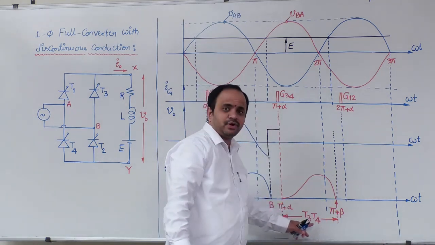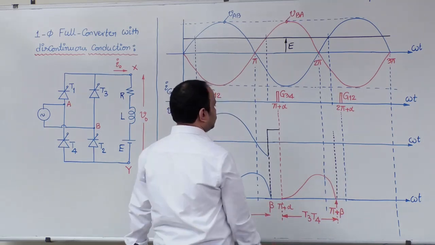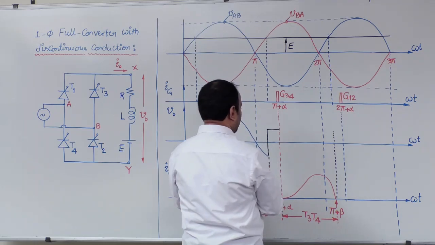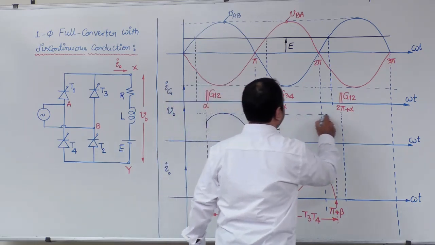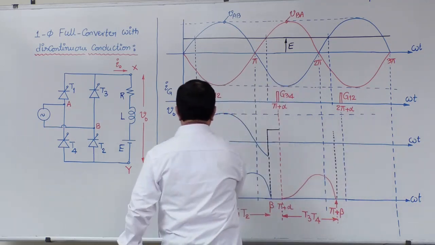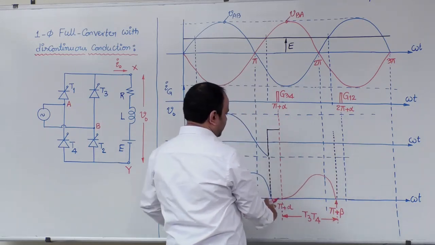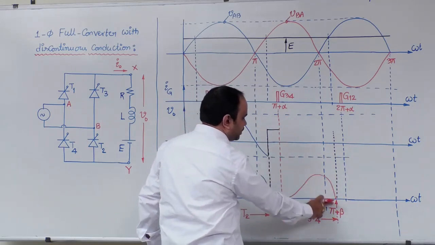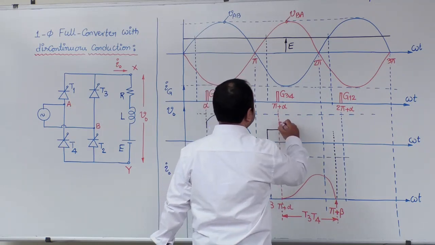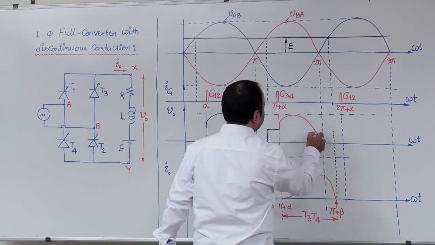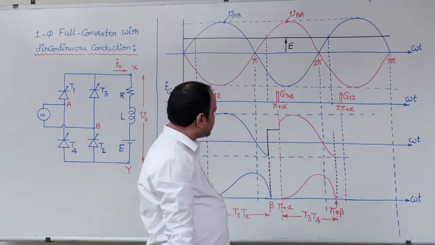When T3, T4 are in conduction, then what is the output voltage? Output voltage will be same as that of VBA. Okay, let me take one reference line here and here also. So from pi plus alpha to pi plus beta, output voltage is the same as VBA, that is the red color sinusoidal.